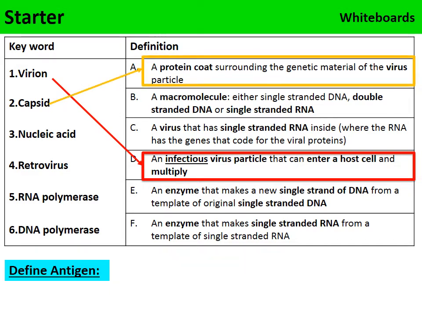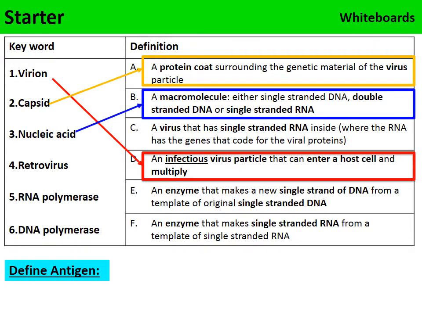Now the capsid, number two, is the protein coat surrounding the genetic material of the virus. So a capsid can be made up of different types of proteins that give the overall outside shape of the virus. The nucleic acid within the capsid, number three, can be one of three types.